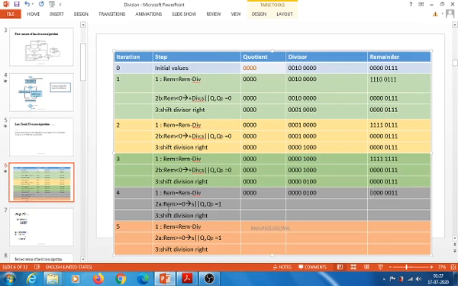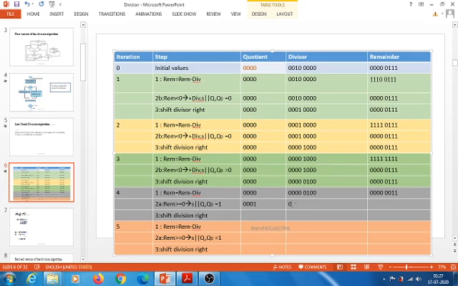So what is 2a? It says to shift the quotient register to the left, setting the new rightmost bit to 1. Okay, what I must do? I just want to shift the quotient bits to the left, and set the least significant bit, that is q0, to 1. So it becomes 0 0 0 1. All others remain the same. So what is in this step?